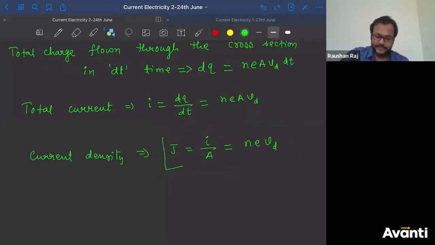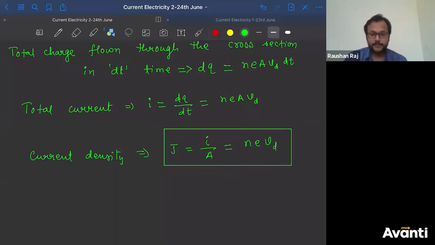Click yes if you have understood this. Let me know if you have any doubt. And this relation is very, very important: the relationship between the current density and drift velocity. Okay, if there is any doubt, ask.